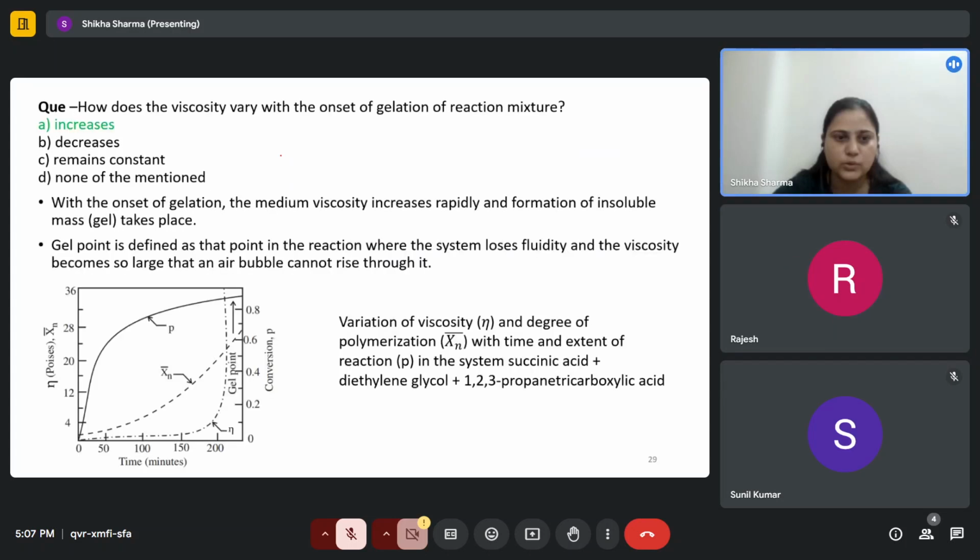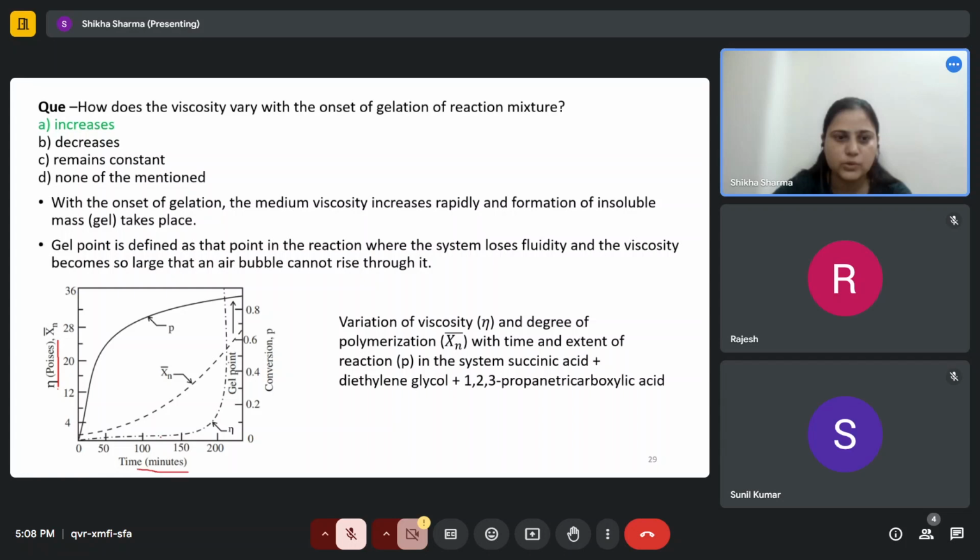So yes, A is the correct answer, because with the onset of gelation we will have some medium kind of viscosity, but that will rapidly increase when there is formation of the gel in the reaction mixture. We can see this in the graph also, where on the y-axis the viscosity is there, and on the x-axis there is the time of the reaction.